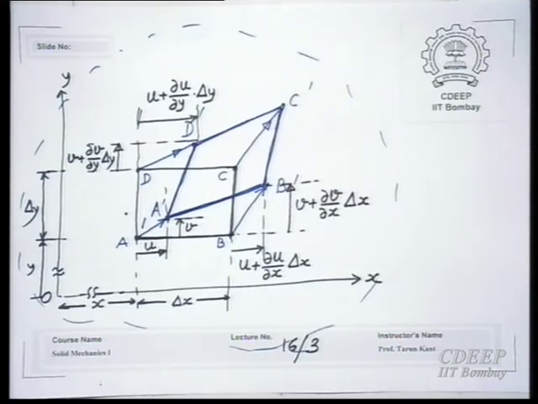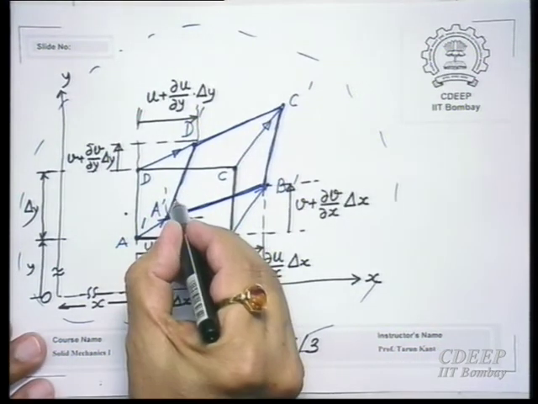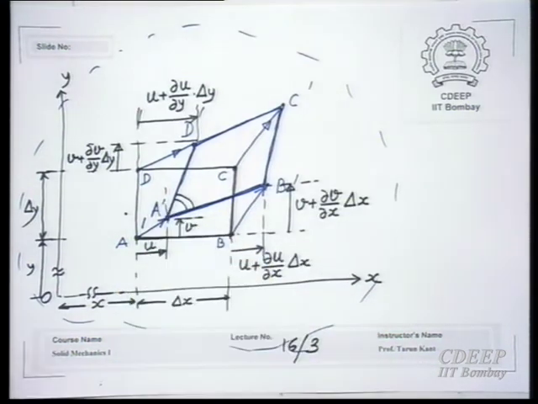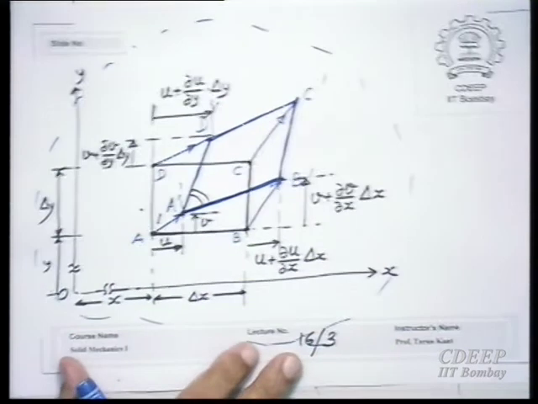Anyway, you can also write down this for C, but I don't need it at the moment. I think this is enough: 3 points, A, B and D, because I need only the change in length in 2 directions and also the change in the right angle. So I have to find out this, or this plus this. So this diagram is important.